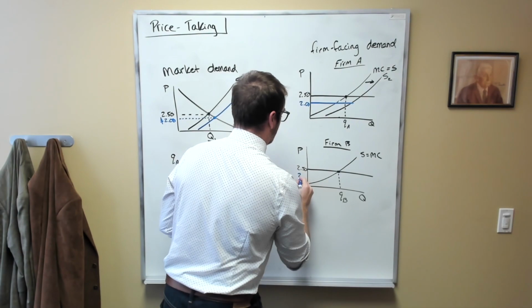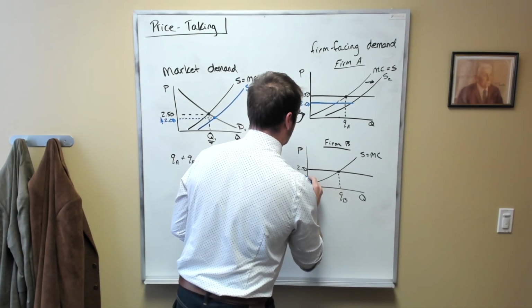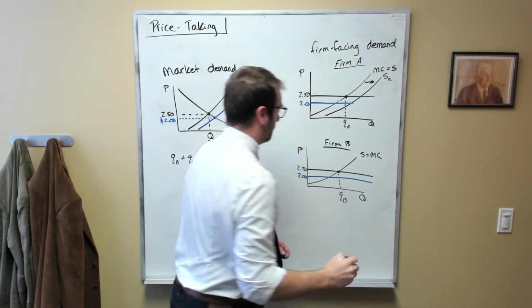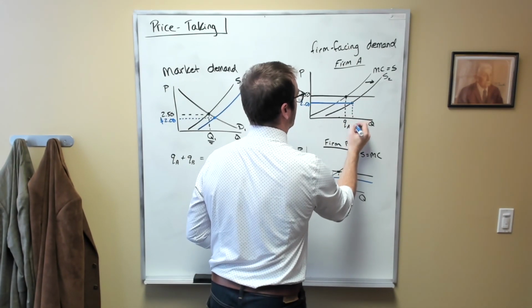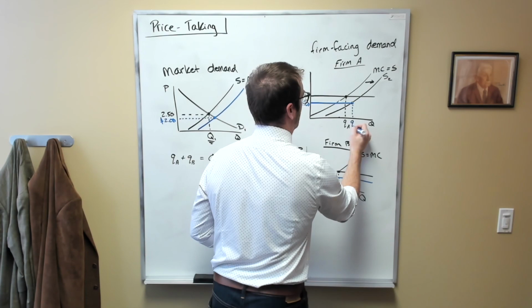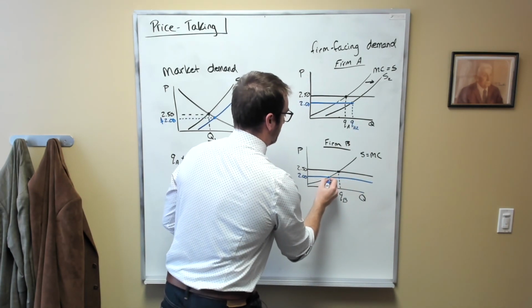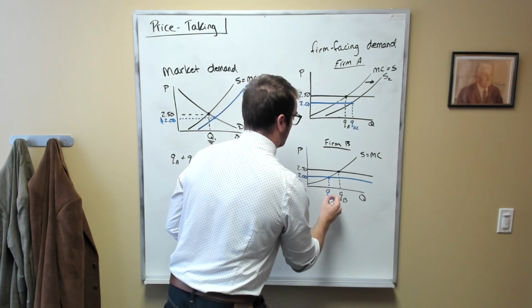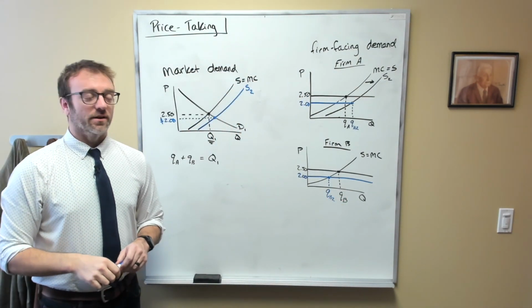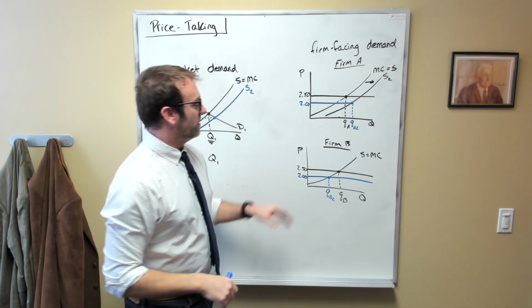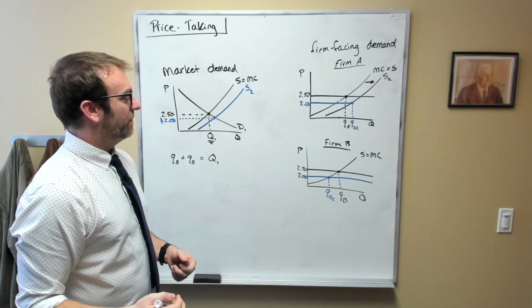Firm B faces the same constraints. And now what's going to happen is firm A will produce more and firm B will produce less based on the decreased price. Firm B is going to be very, very unhappy about this.